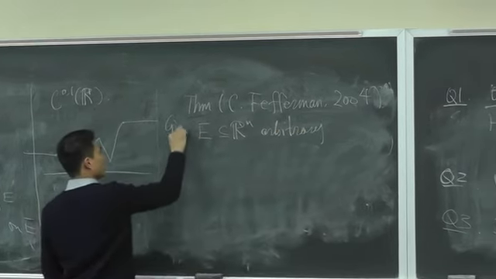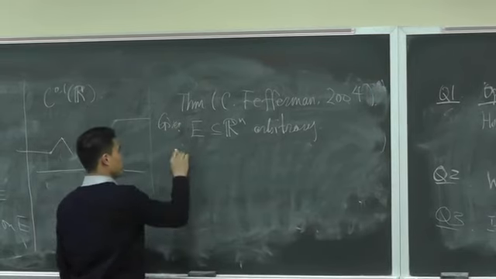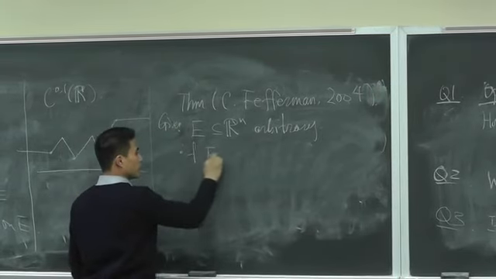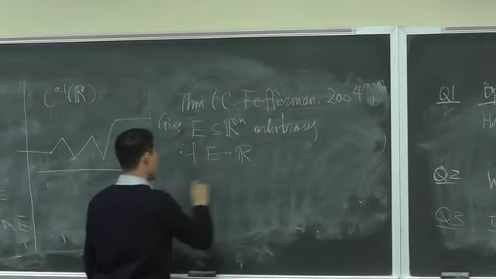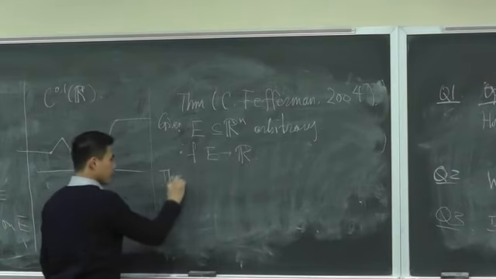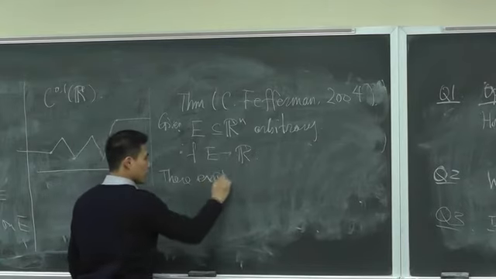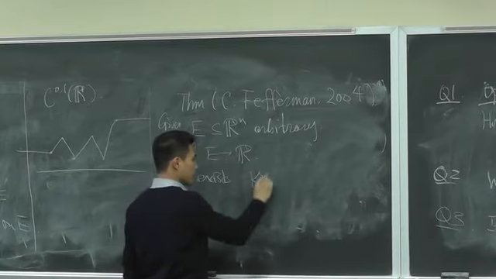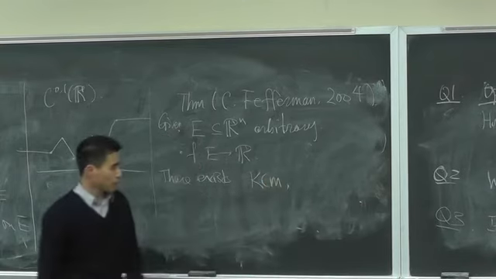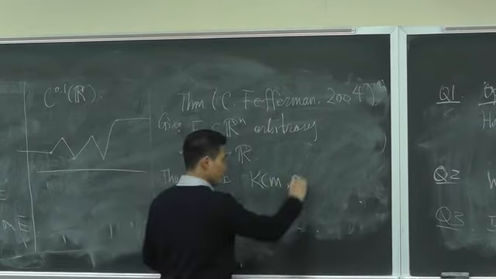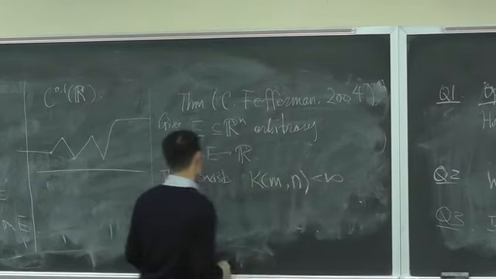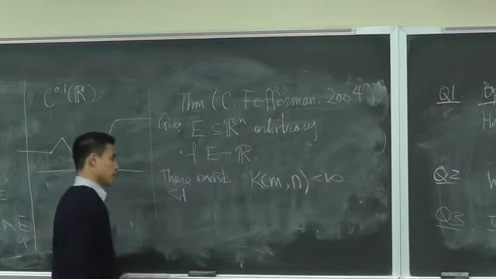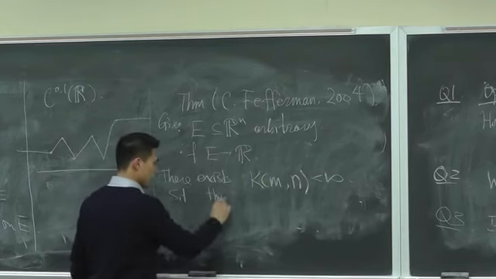Given the following, there is this constant K, depending on how many derivatives that you work with and in which dimension you are in, such that the following goes.